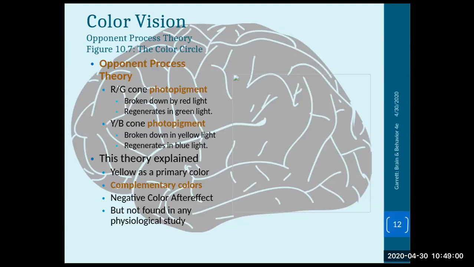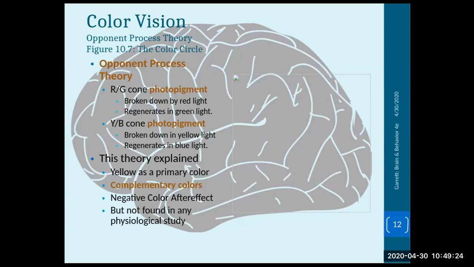Yellow-blue cone photopigment is broken down in yellow light and regenerates in blue light. So basically there is an excitatory part of the ganglion cell receptive field and there's an inhibitory part. And if it hits the excitatory part, you'll see red. And if it's the inhibitory part, you'll see green, or vice versa in some of the other cells.